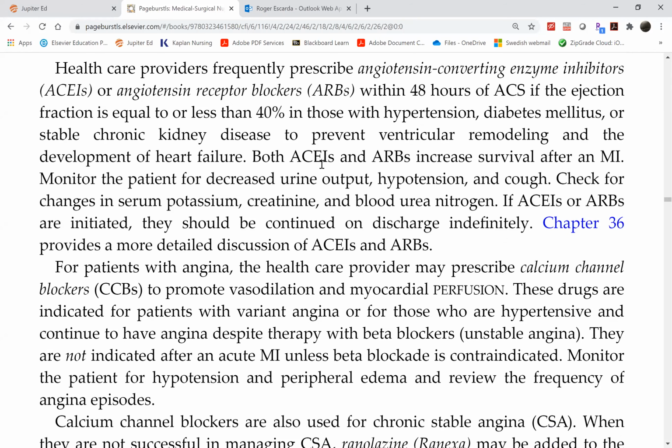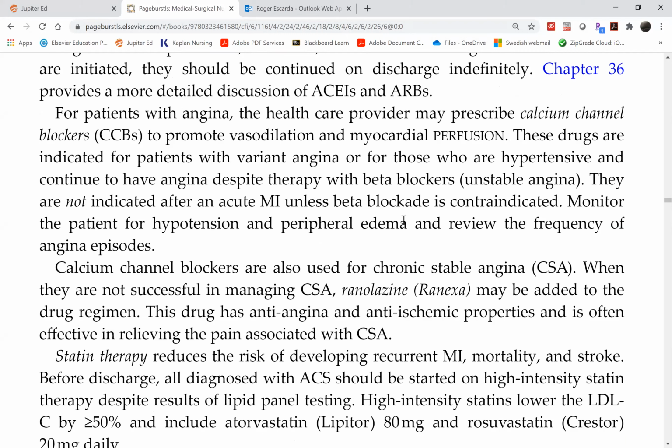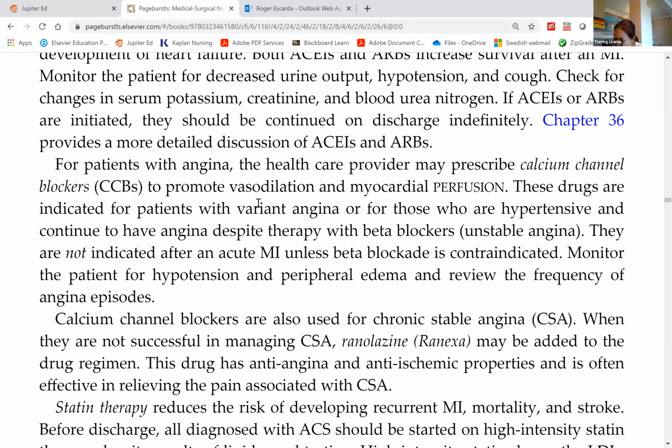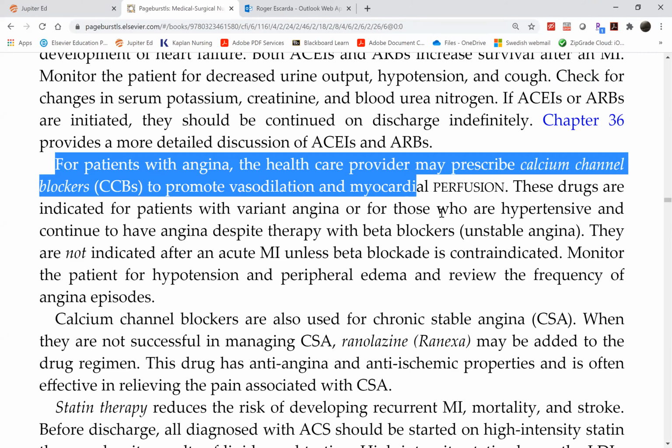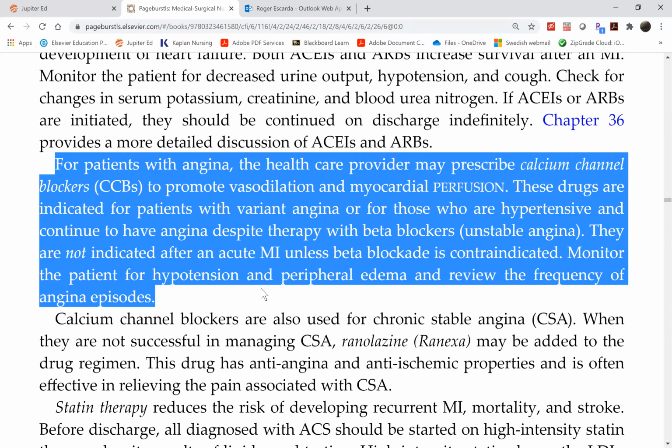And if the patient does develop heart failure, and also to maintain the suppression of the catecholamines, we give the other drugs. We have ACE inhibitors or ARBs. This part here is only for patients. Thank you for reading this, please.